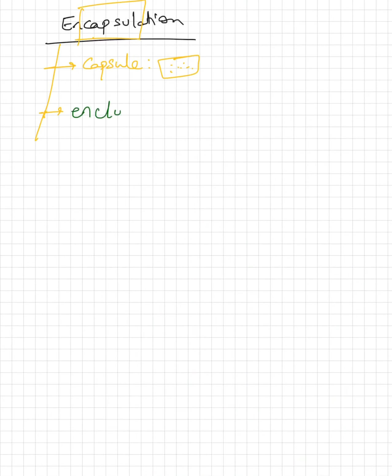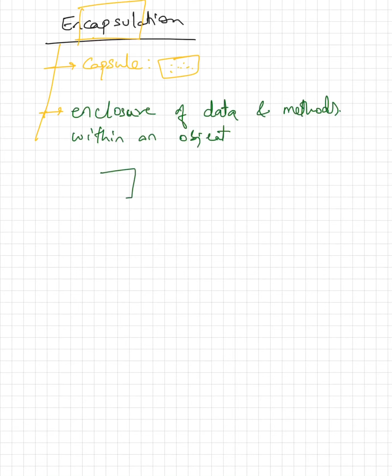It is an enclosure, or a box, of data and methods within an object. Don't go on the language of this, but it basically means anytime a new object is created, it has a set of attributes and a set of methods. They are enclosed, and those values are that of a class. That's why it is called encapsulation.